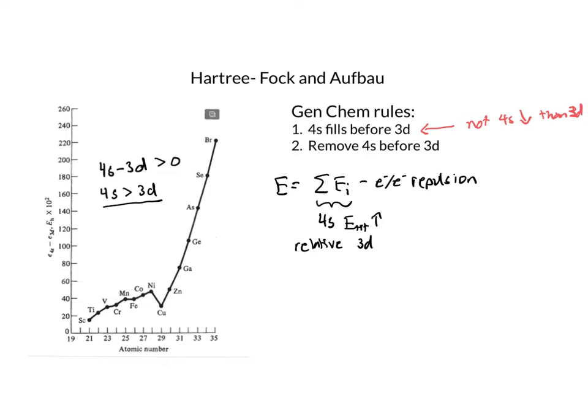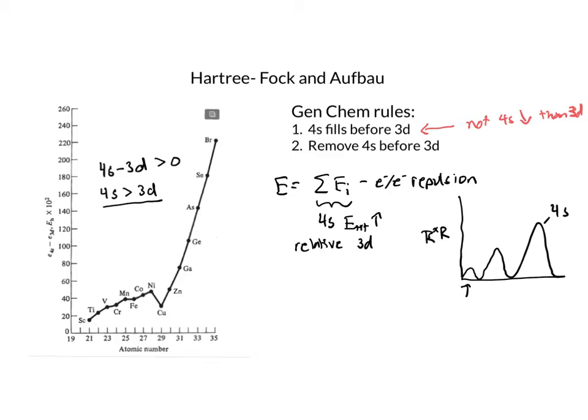But if we look at the electron-electron repulsion term, remember that if we think about our radial probability for the different orbitals, our 4s orbital has a higher electron probability of being close to the nucleus.